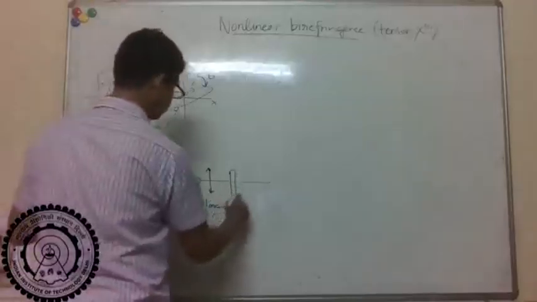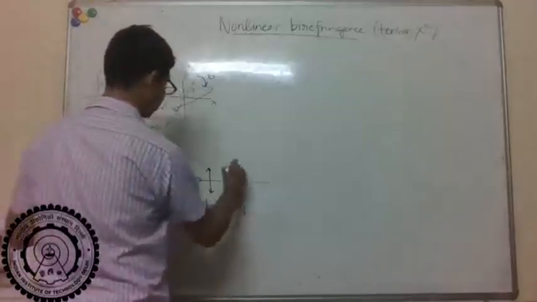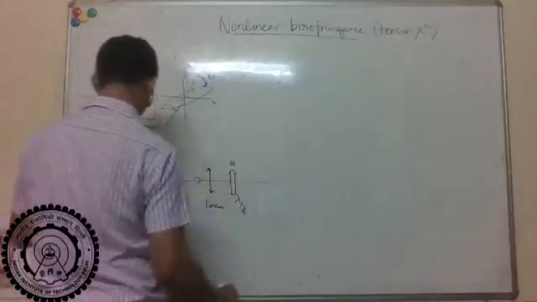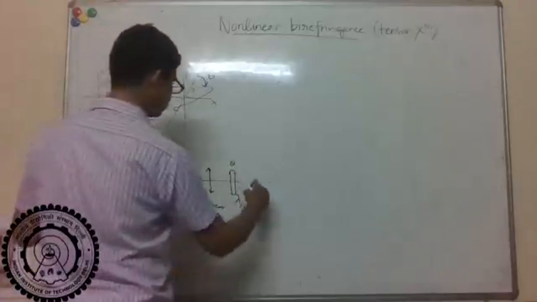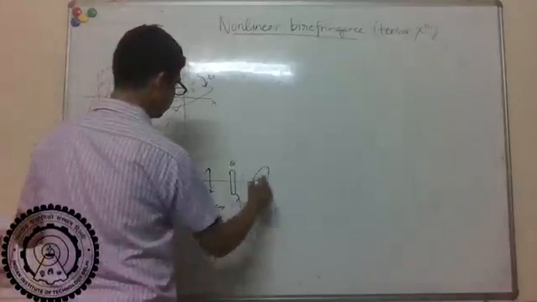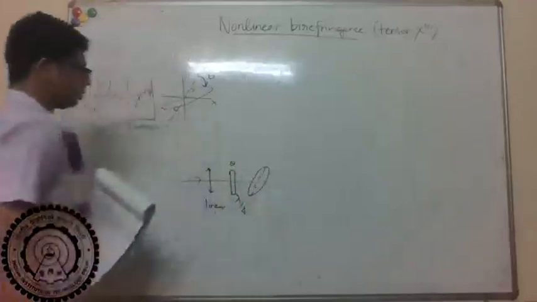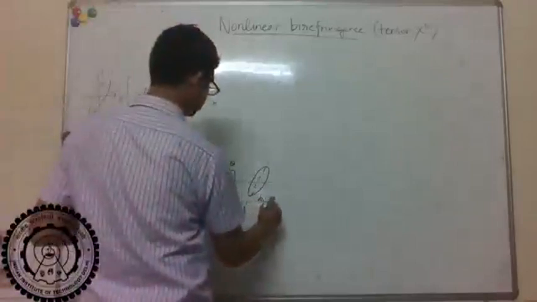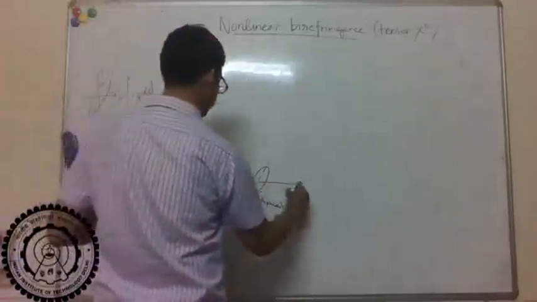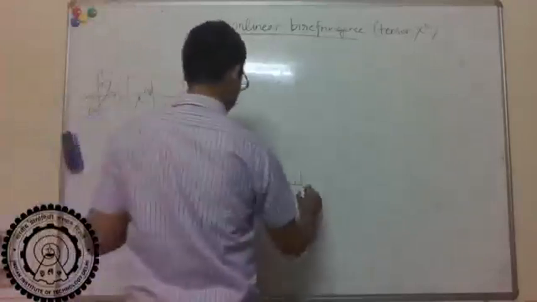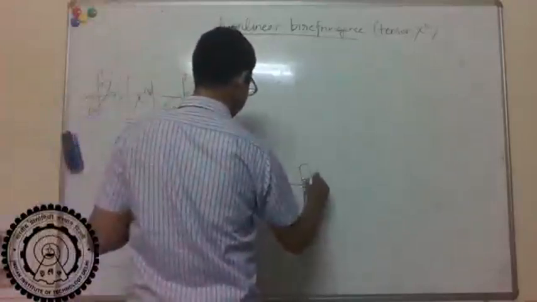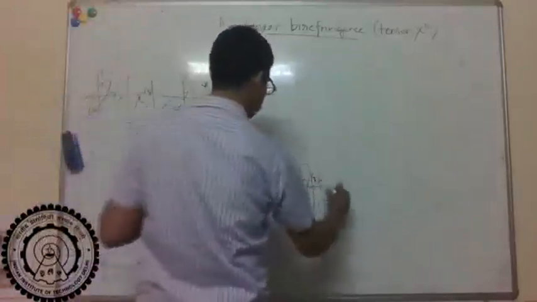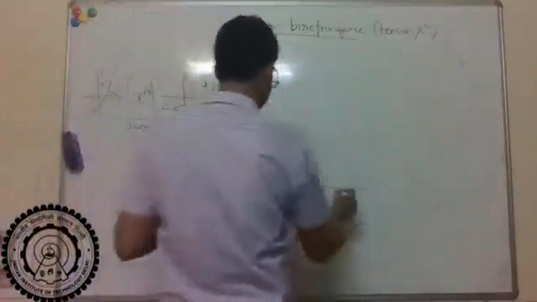I put some quarter wave plate at some angle theta to make this polarization elliptical. Now let's say I have a nonlinear medium and I get some ellipse rotation here.